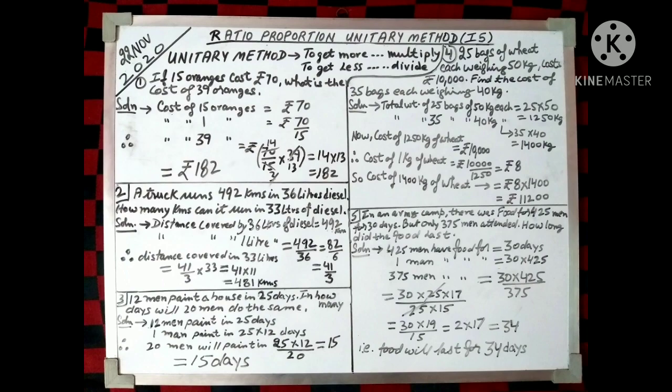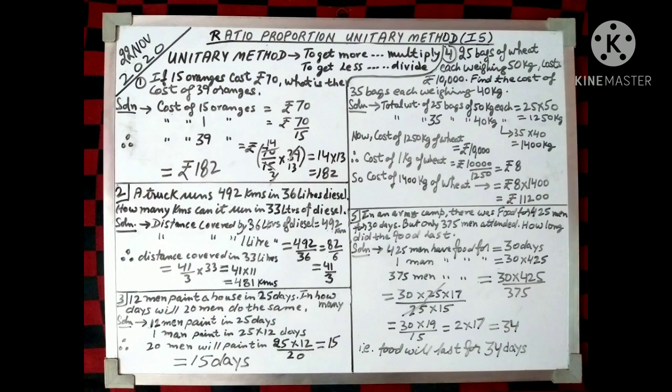Find the cost of 35 bags, each weighing 40 kg of wheat. Right? So it is a very different type. Now see how we write the statements over here. Total weight of 25 bags of 50 kg each is equal to 25 into 50, that is 1250 kg.